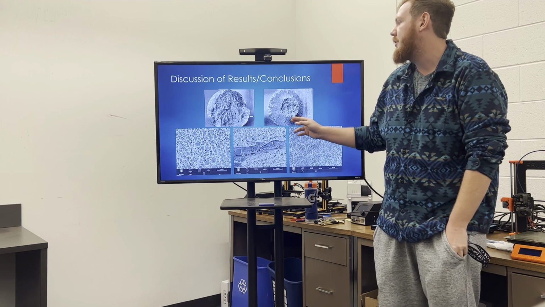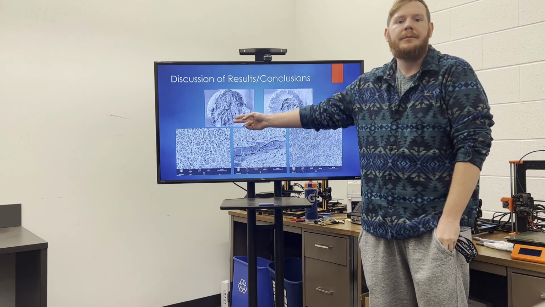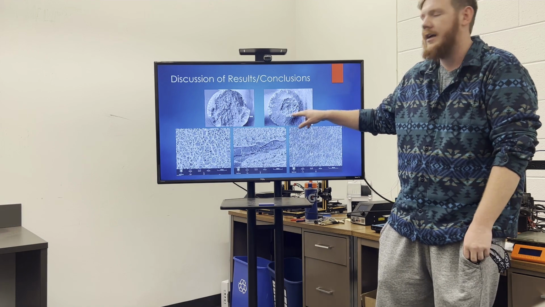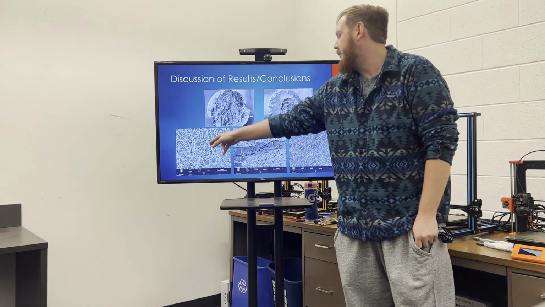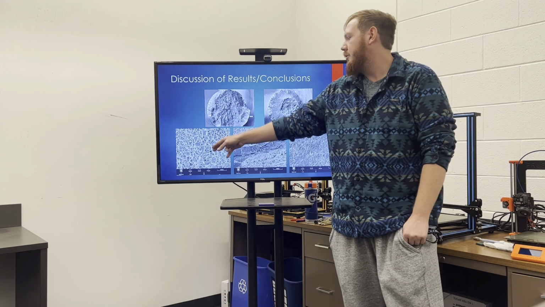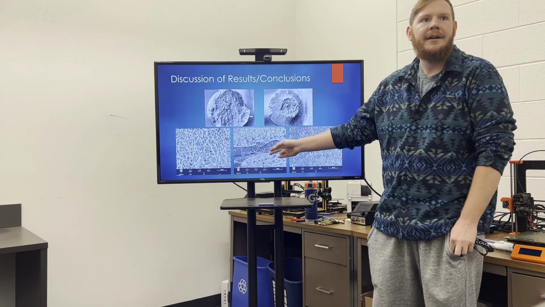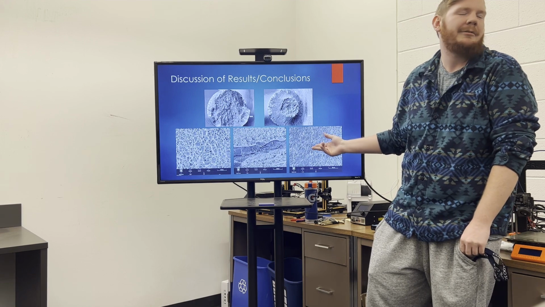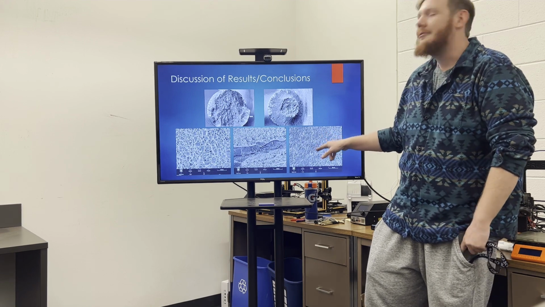Shown up here are two standard examples: this is a brittle cleavage, and this is our typical cup and cone ductile failure. And then moving from left to right, we have the 2.5 radial sample, the 8.5 radial sample, and then the 13.9 diameter sample.